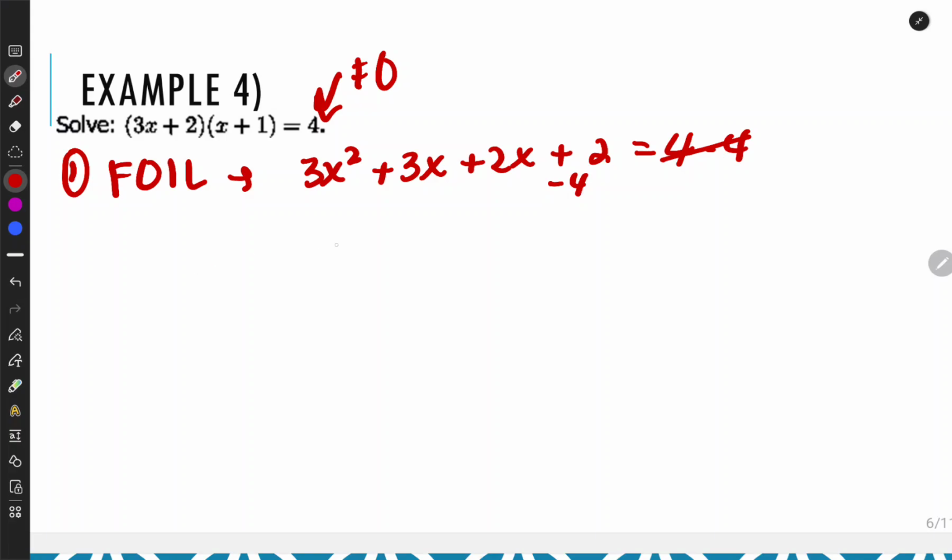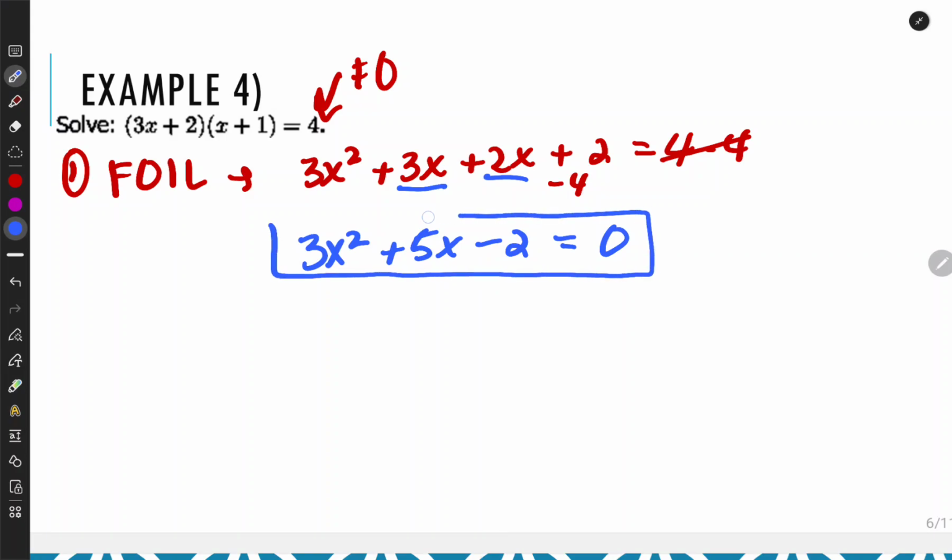Now this side equals 0, so our new problem that we're working with is 3x squared, combining the middle, plus 5x minus 2 equals 0. So this is what we're working with. And now that we're down to a quadratic, that's where the quadratic formula comes in.